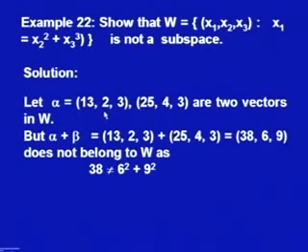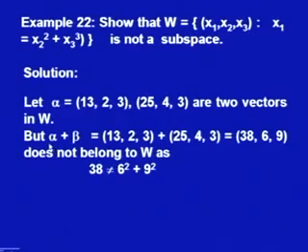13 is equal to x2 square plus x3 square, 4 plus 9, and in this case 25 is equal to 4 square plus 3 square, that is 16 plus 9 is 25. So, these two satisfy this condition.